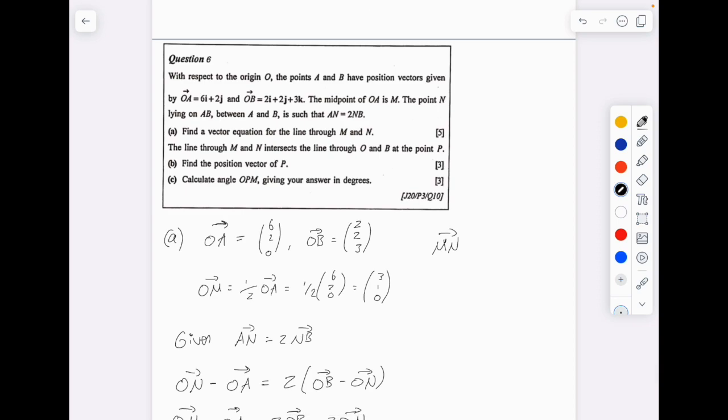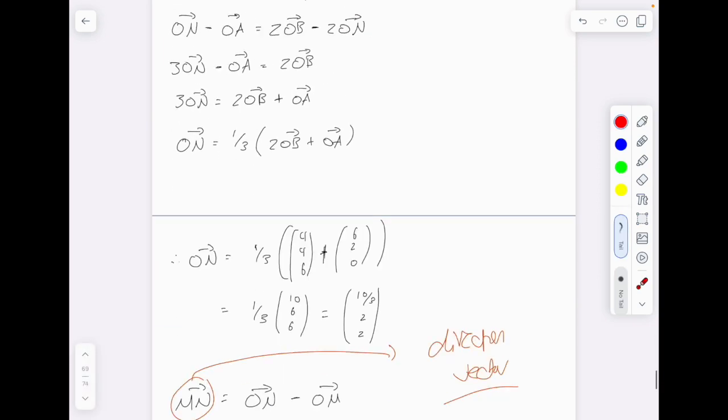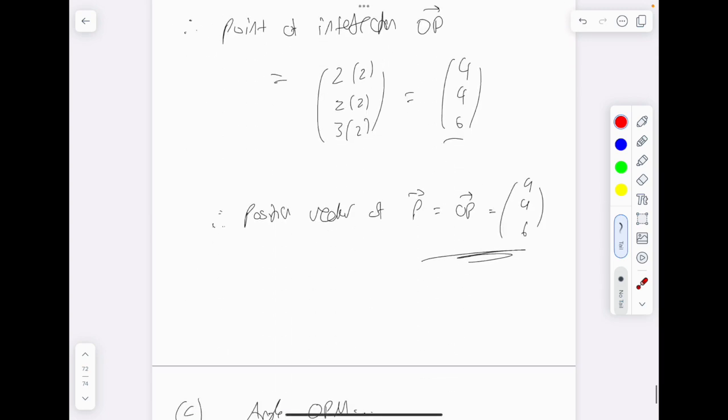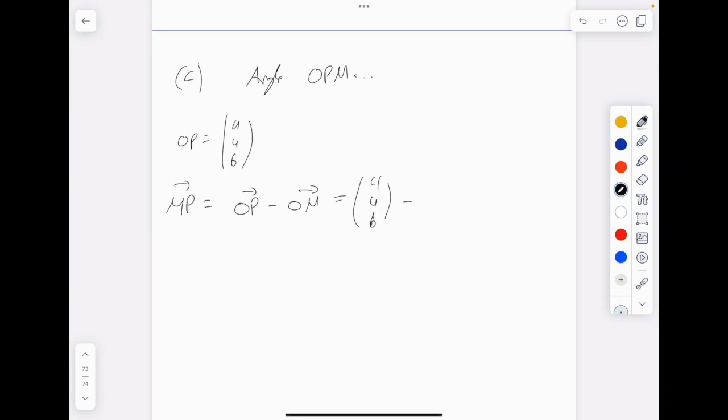Yes, the midpoint, yes, at 3, 1, 0. So 3, 1, 0, which equals 1, 3, 6. Great. So now we're just going to apply the scalar product.